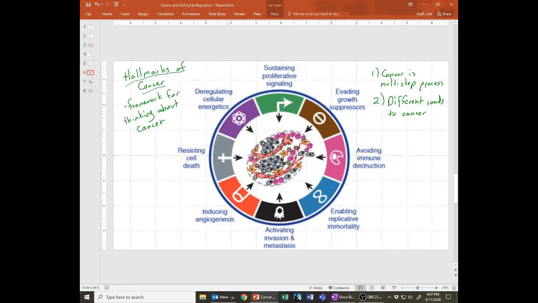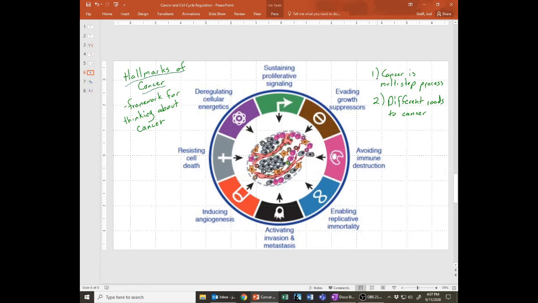Anyway, the idea here is that we put different categories of cancer biology into separate buckets, and originally they had 6 different hallmarks of cancer. Later on, 10 years later, they expanded the number of hallmarks to 8. They added some other stuff too, but we won't get into that.